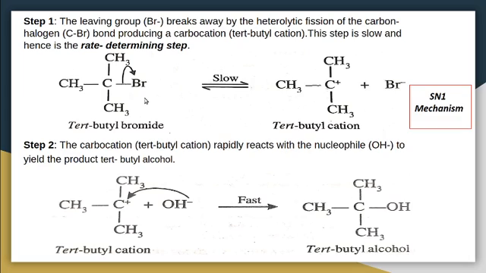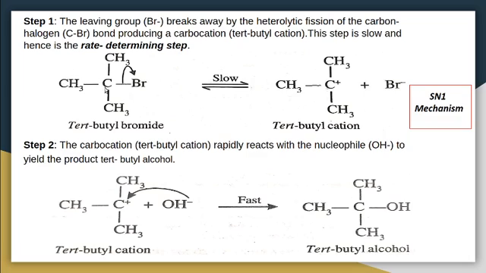Usually primary alkyl halides, and sometimes secondary alkyl halides, follow the SN2 mechanism. But tertiary alkyl halides always follow the SN1 mechanism. Why do tertiary alkyl halides follow the SN1 mechanism?